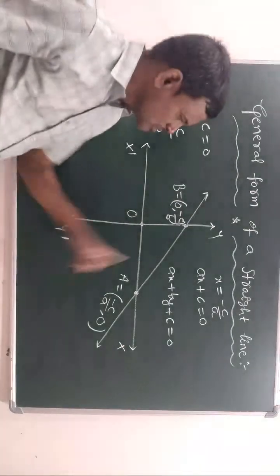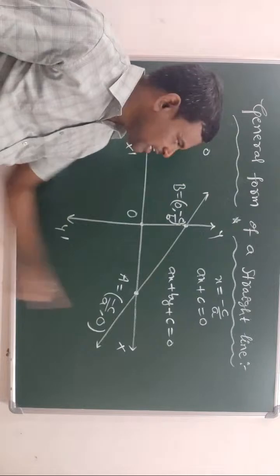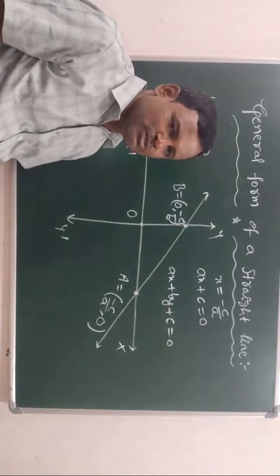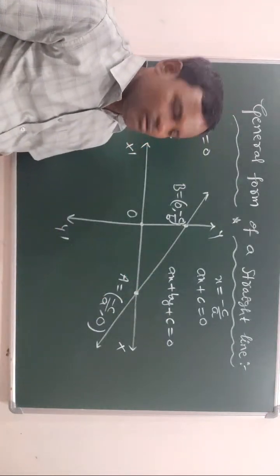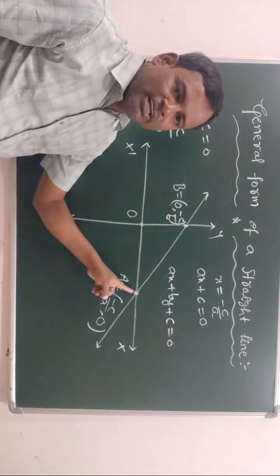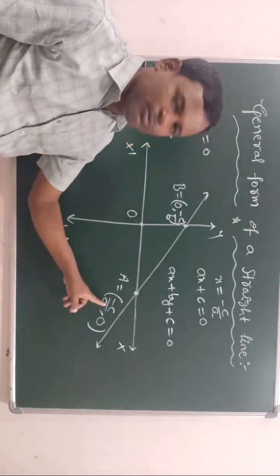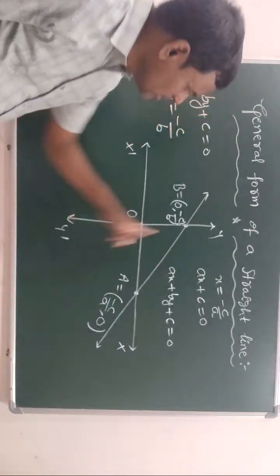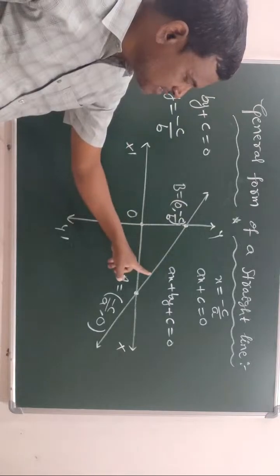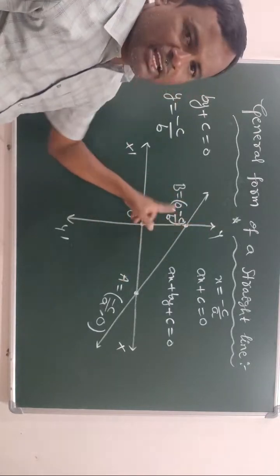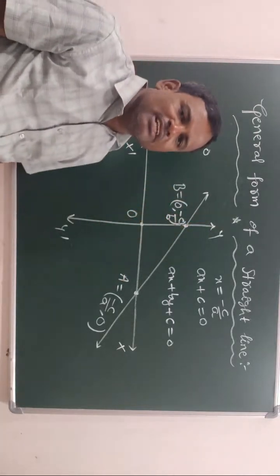Okay. So here I have taken the equation of this line as ax plus by plus c equal to 0. Now here I have calculated this point of intersection as minus c by a comma 0. In the same manner, I have calculated the point of intersection of this line and the y-axis as 0 comma minus c by b.